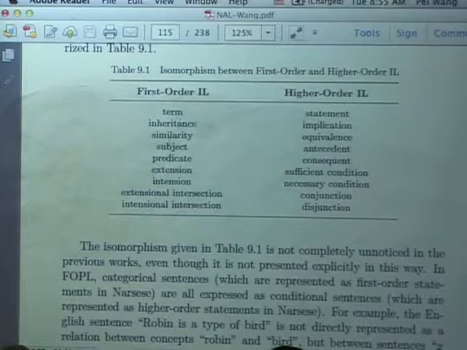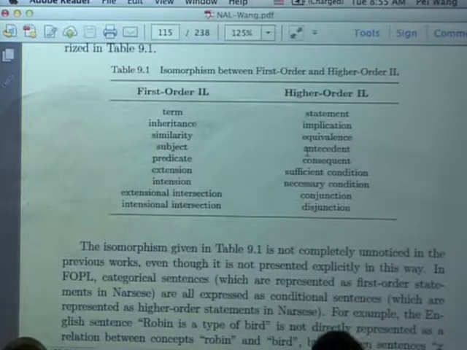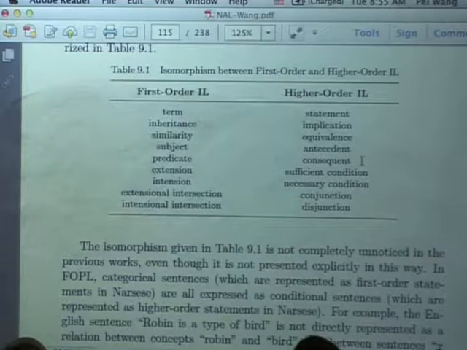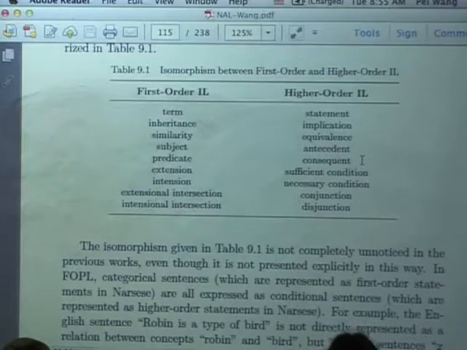And you see here we have the subject and predicate, which are the terms linked by the copula. Here what we have traditionally is called antecedent and consequent. Or in computer science we say this is a condition, this is the result or conclusion. It's just a terminology thing.